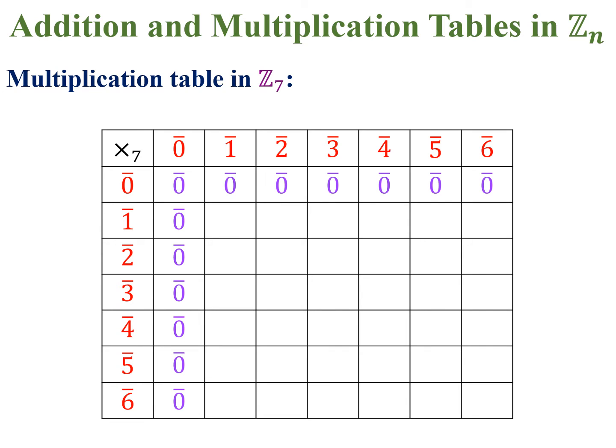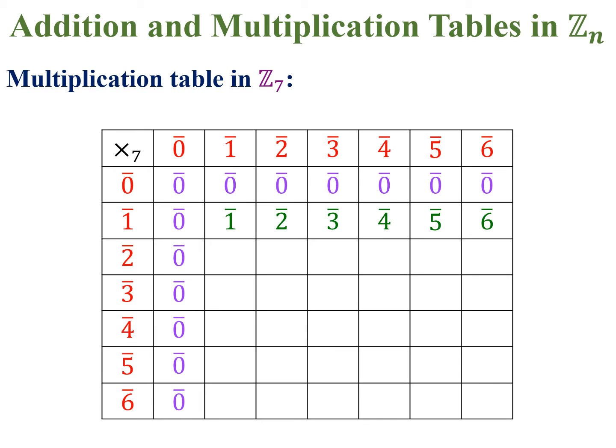Here by multiplying class of 3 by class of 1. But class of 1 is the identity element with respect to multiplication. So when we multiply any class by class of 1, that class remains as it is. So here we will get class of 1, class of 2, class of 3, class of 4, class of 5 and class of 6 as it is. So we will get the results like this, class of 1 to class of 6.